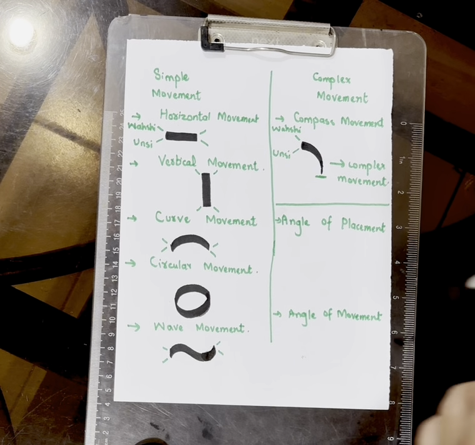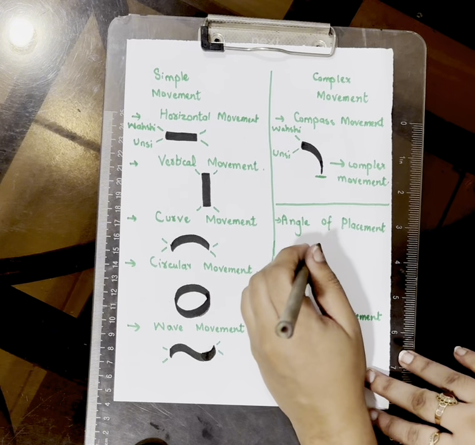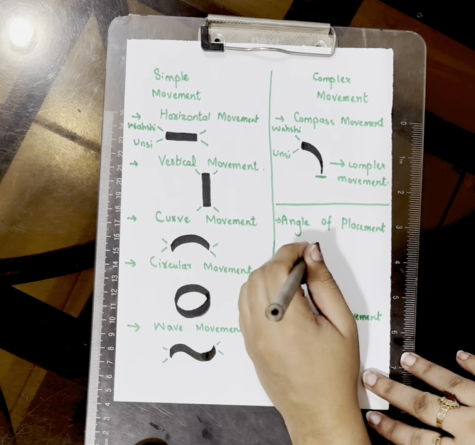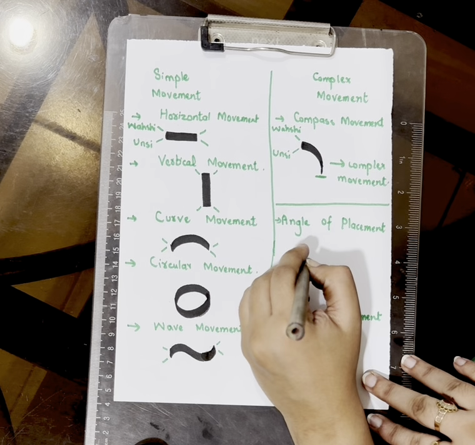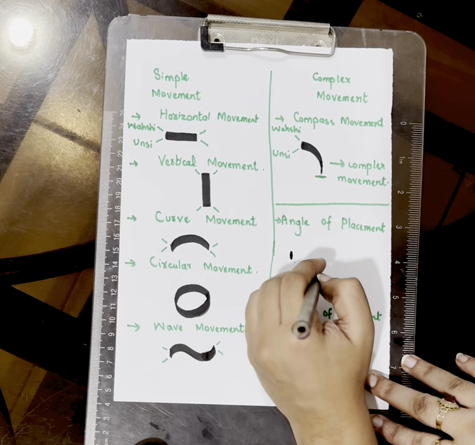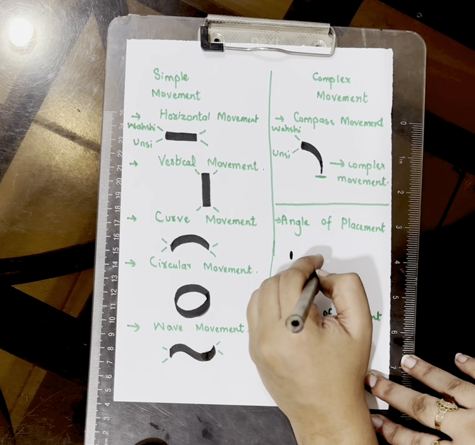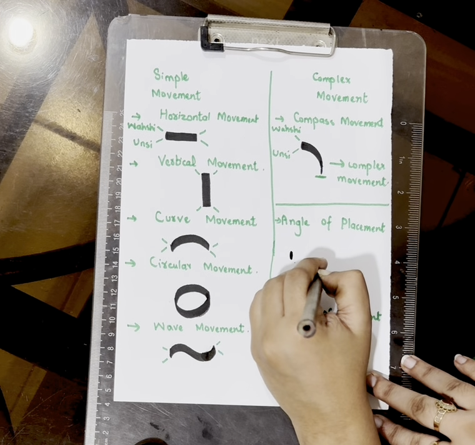The angle of the placement is at which angle you place your kalam on the paper. Means if I place my kalam at a 90, this is the angle of placement. If I place my kalam at the 45 or any type of angle, this is called the angle of placement of the kalam.